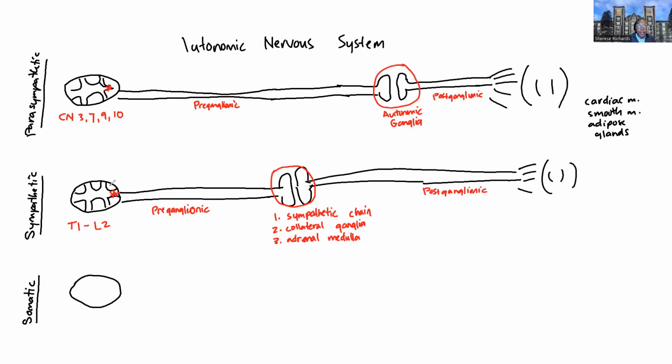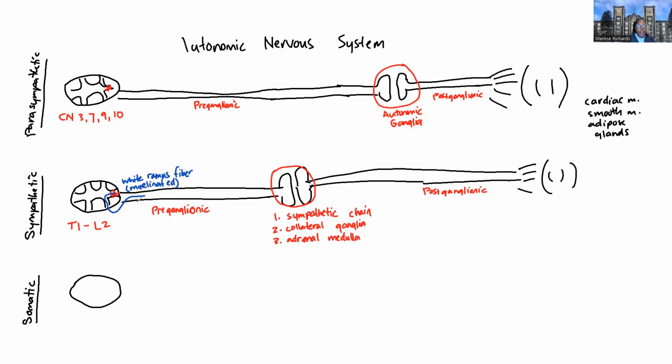When we leave the spinal cord, and again, this is happening in both divisions of the autonomic nervous system, when we leave the spinal cord and we enter the preganglionic neuron, so from this spot through the ventral root, emerging to become a part of the preganglionic neuron, this is referred to as being a white ramus fiber because it's myelinated here. So this is a white ramus fiber, and that means that it is myelinated.